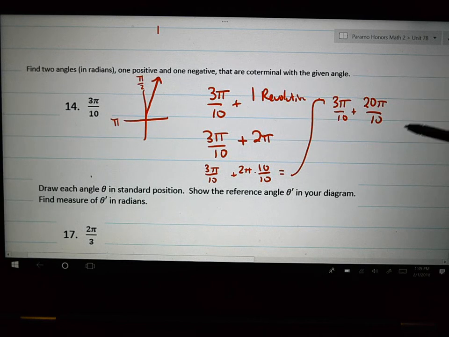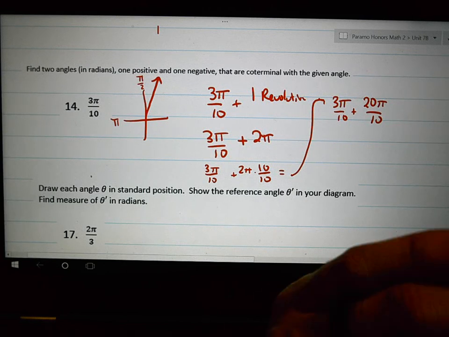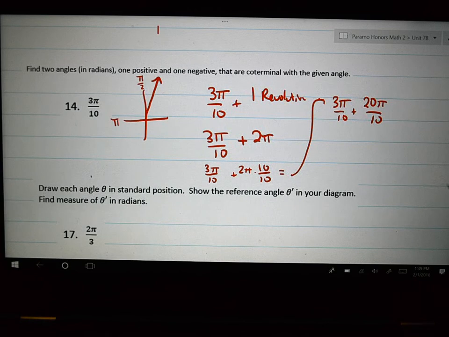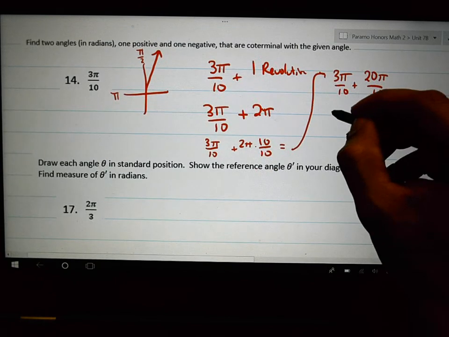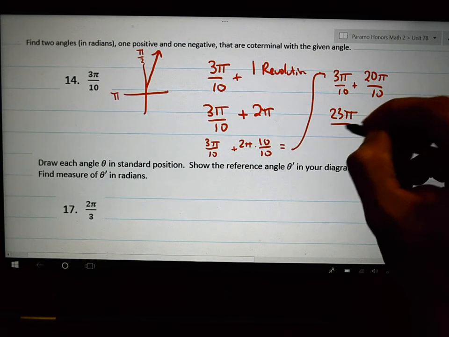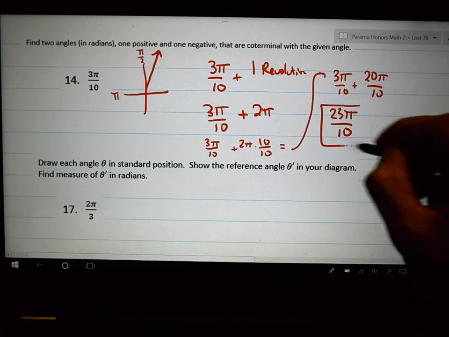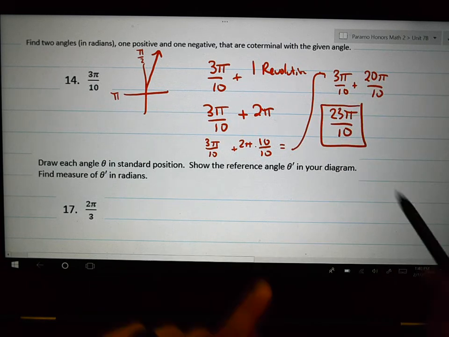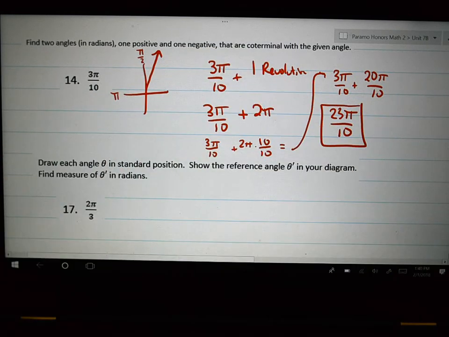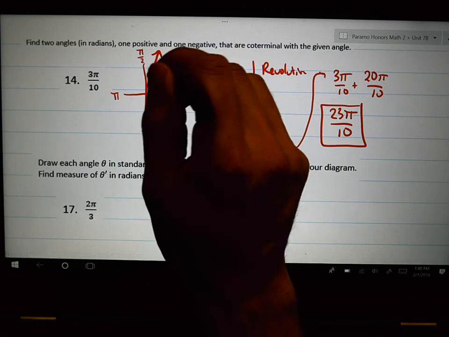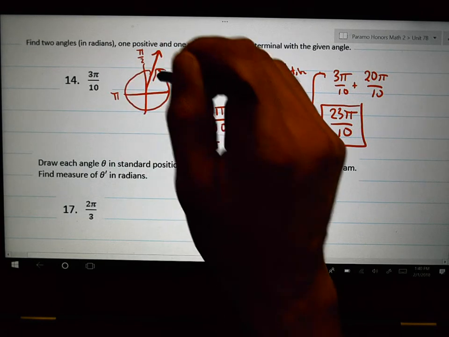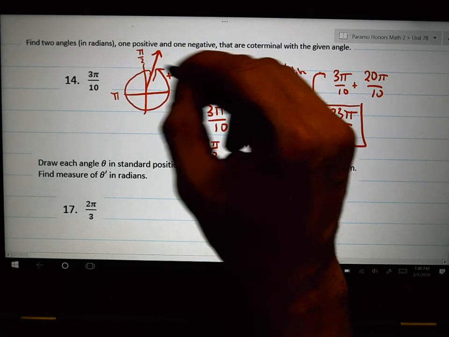So our first positive coterminal angle will put us exactly in the same spot. Because from here, if I add a full revolution, if I add 2 pi to it, I'll end in the same spot.